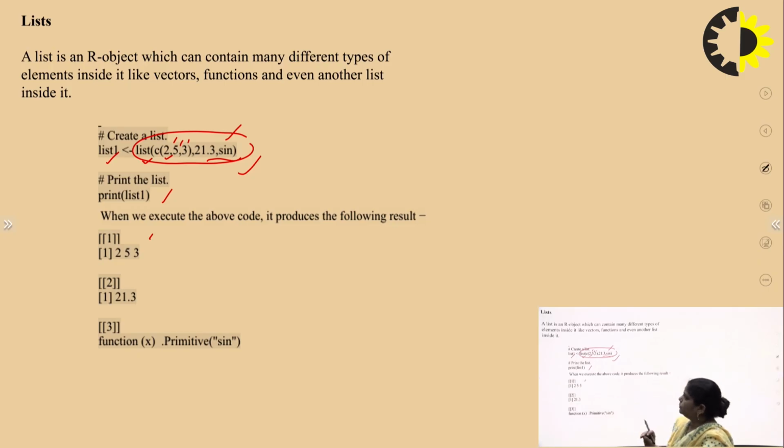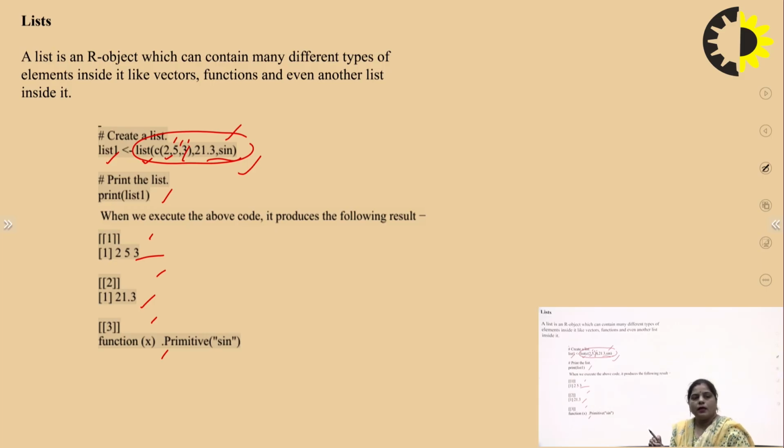The first one is 2 5 3, meaning it first prints the list 1 vector with these 3 elements. The second time it prints 21.3, and then again it prints the function value, which is the primitive sign.